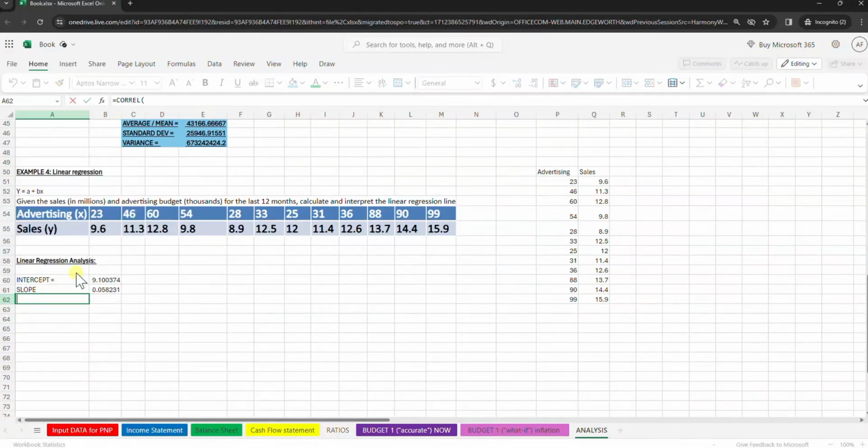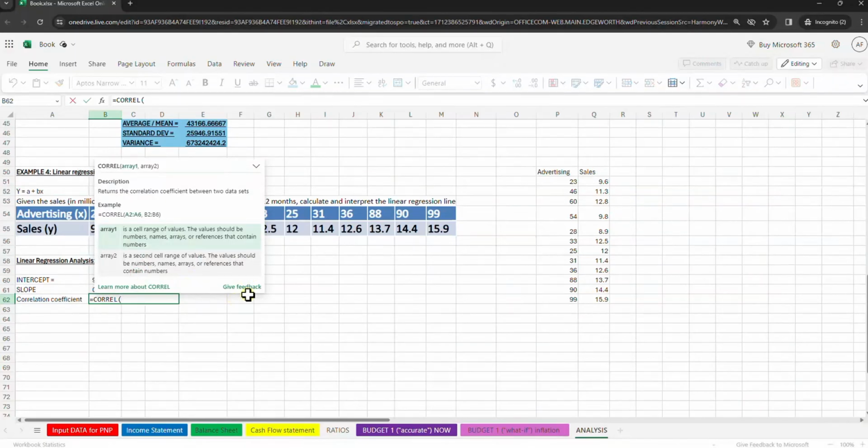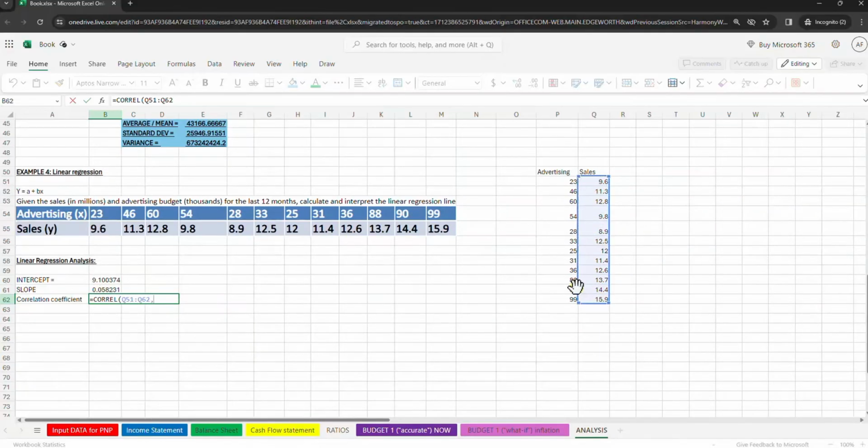Wrong cell again. The correlation coefficient is going to be, I need to look at my array, so we have 2 here. I don't think it matters in this instance, but let's still select sales first, then advertising.